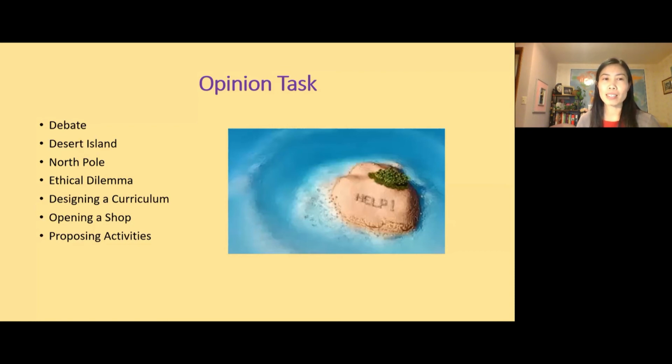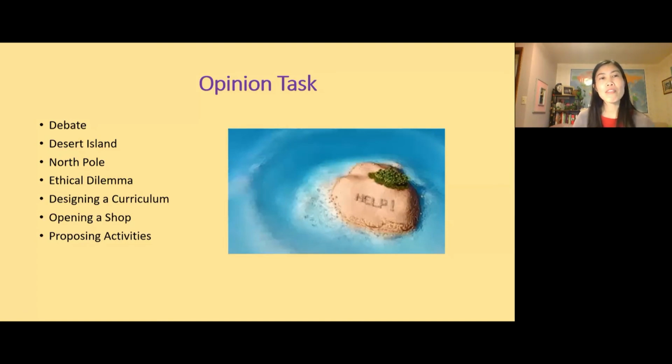They may have to make decisions based on an ethical dilemma, like what patient to give an organ to, or they may have to decide what courses to include in a curriculum, what items to include in a shop, or what activities they want to propose to their university to organize. These tasks push students to express their opinions and defend their positions.